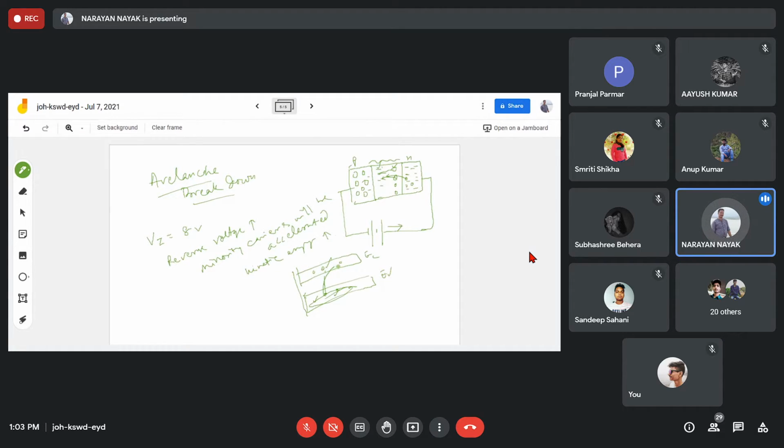Understood? Now these free electrons will collide with the holes, the atoms.